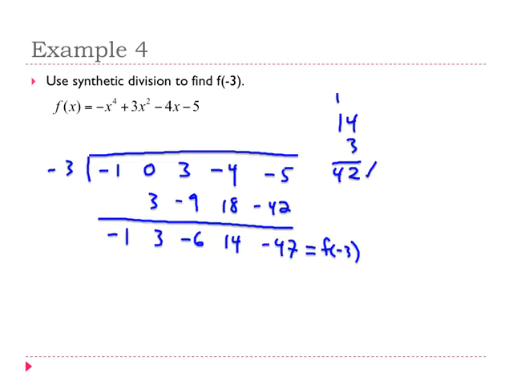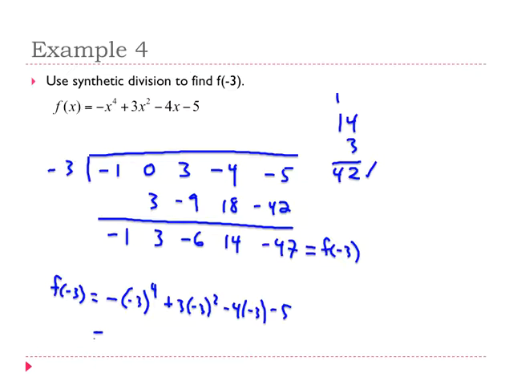Let's just check it out. So let's find f of -3 down here just to be sure. Let's substitute -3 for x, and that should be to the 4th power, plus 3 times negative 3 squared minus 4 times negative 3 minus 5. I don't even like doing this because I don't like raising 3 to the 4th power.